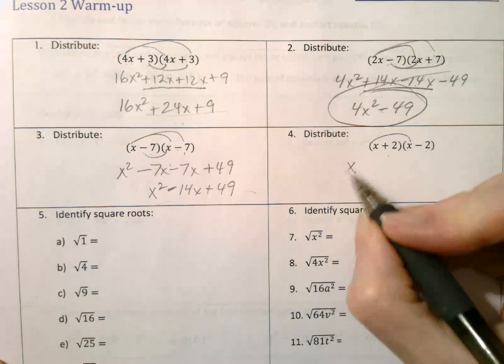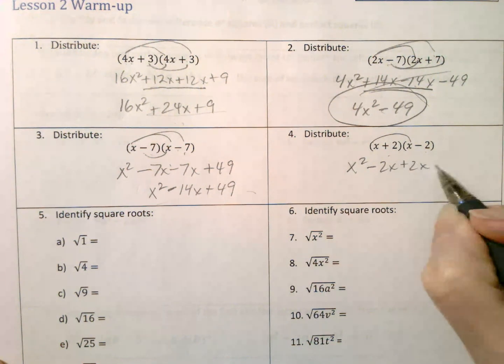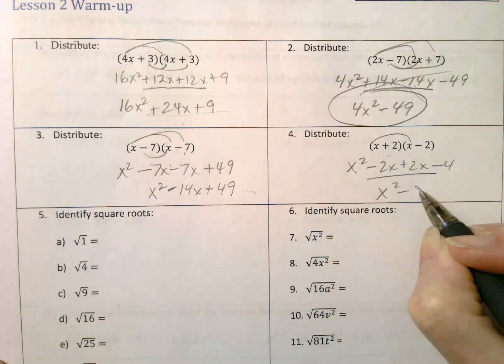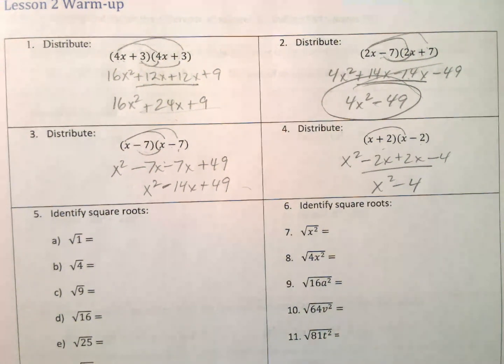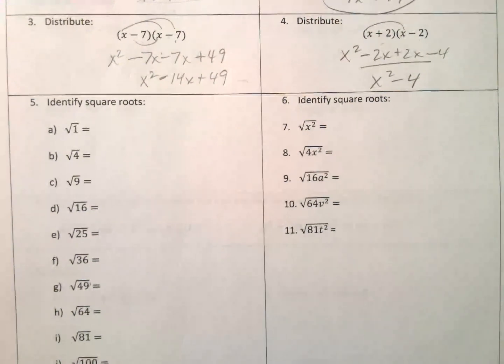Different signs, you may get, in some circumstances, a binomial, which is something we're going to talk about today. We're just doing regular FOILing. You get what you get.